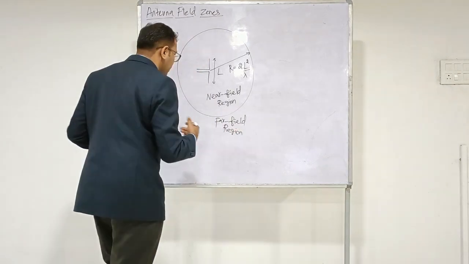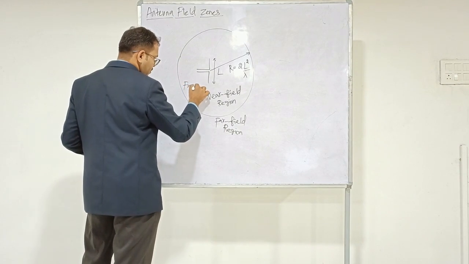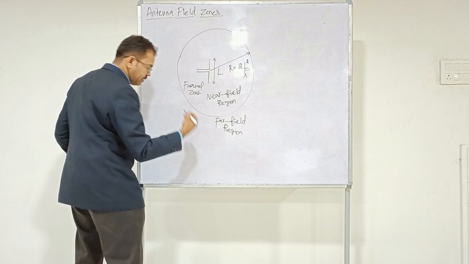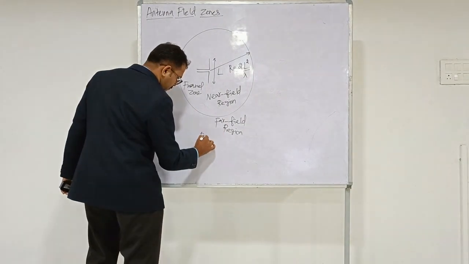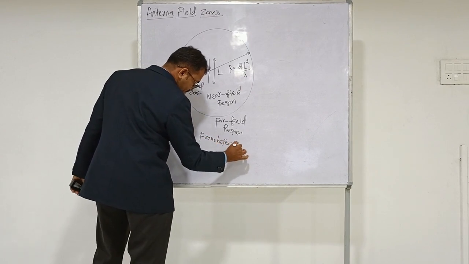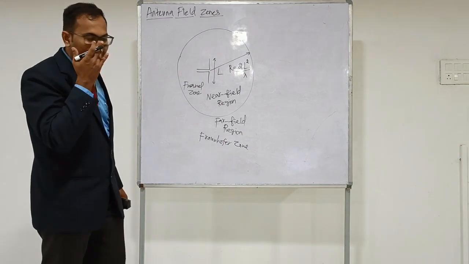Okay, near field region is also known as Fresnel zone, and far field region can be termed as Fraunhofer zone. Okay, Fresnel and Fraunhofer, right?